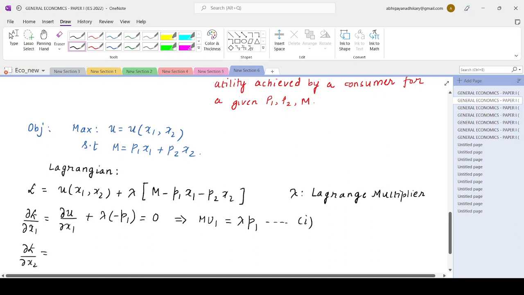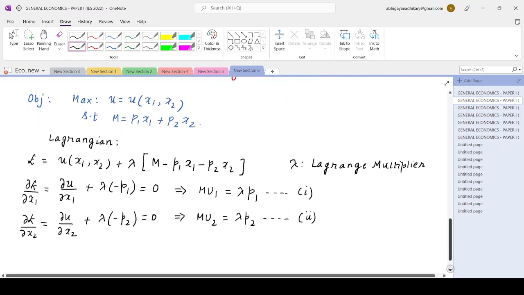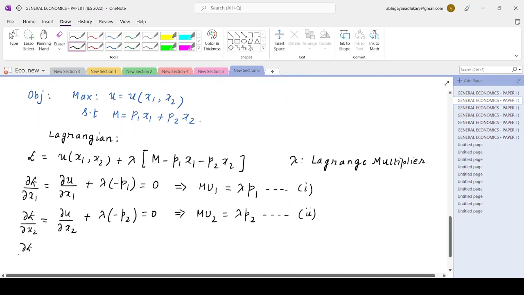Del u by del x2 plus lambda times minus P2 equals 0, so MU2 equals lambda times P2, correct? And finally, if you differentiate with respect to lambda, you get back the budget constraint, that means M equals P1 x1 plus P2 x2.